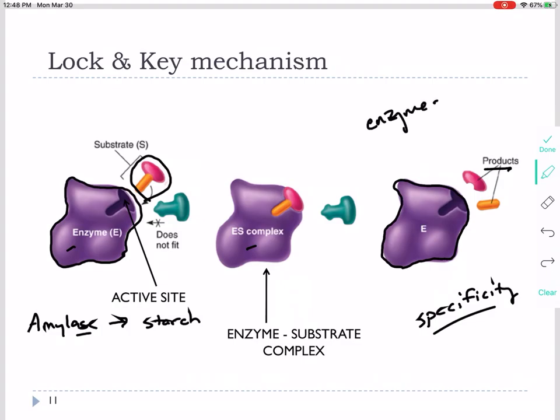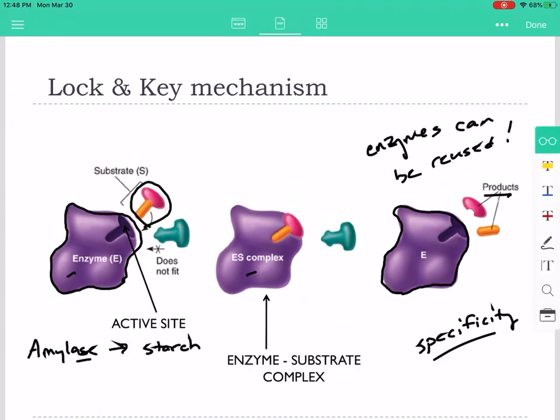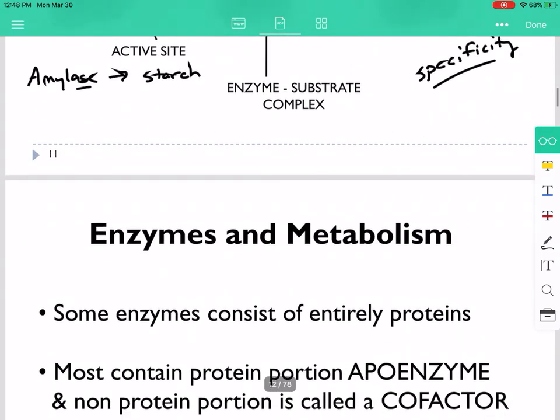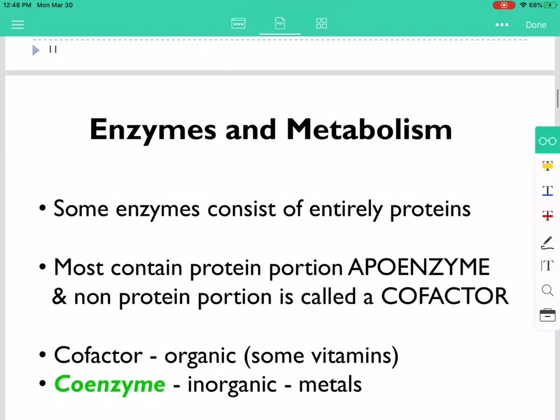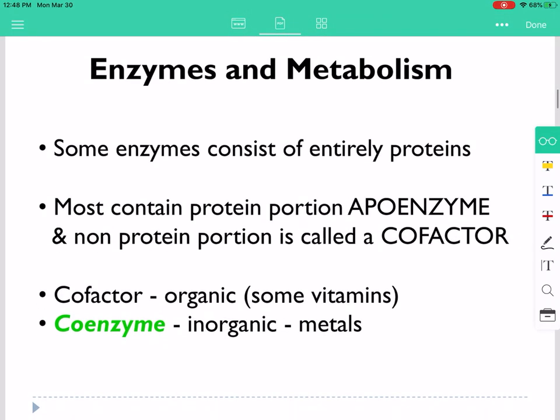It leaves the chemical reaction unchanged. So what that means is enzymes can be reused. And of course, our body likes anything that is efficient. Excellent. So you're going to be reviewing what we're focusing on, specifically what's in green.